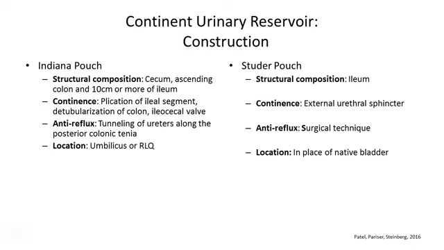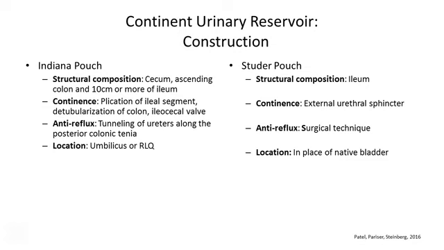The ureters are tunneled along the posterior colonic tenia in order to provide an anti-reflux mechanism to this internal reservoir. The individual empties this type of internal reservoir by catheterizing the stoma located on the abdomen, usually within the umbilicus. Sometimes the abdominal stoma can be found in the right lower quadrant.